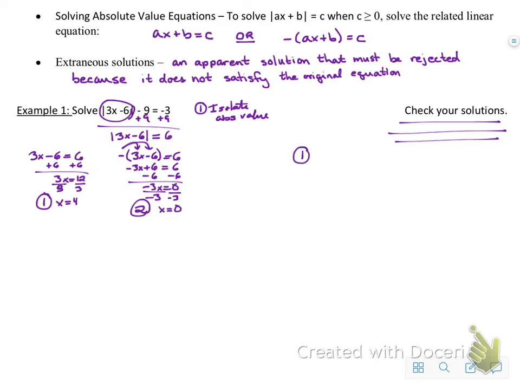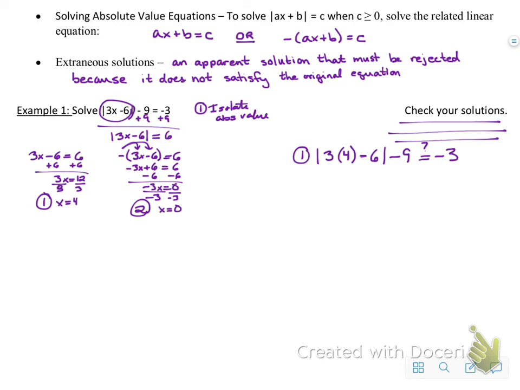So I'm going to start with option number 1. All you do is take the number, in this case 4, and plug it into your original equation. So I have the absolute value of 3 times 4 instead of x, minus 6, minus 9, and I have to ask myself, does that equal negative 3?